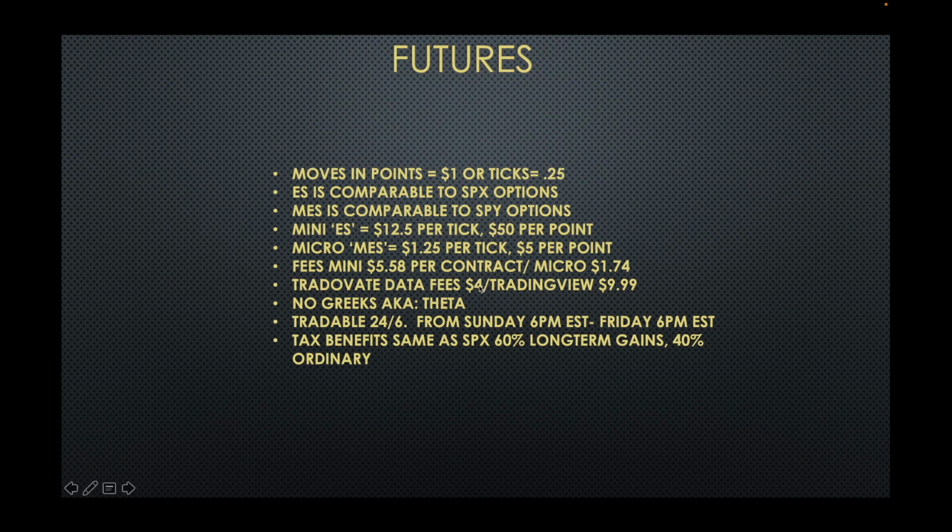It might be $4 and some change. It's $4 to get the top tier data. And then if you want to link your TradingView to Tradovate, it's an additional $9.99. So roughly right around $15 with tax and stuff. You could get started on a personal account on Tradovate and be able to have TradingView linked to it. So if you make a trade on Tradovate, it'll show up in TradingView on the chart.